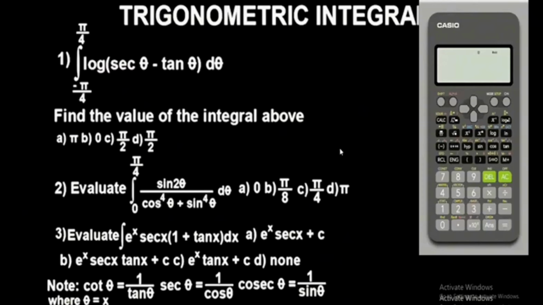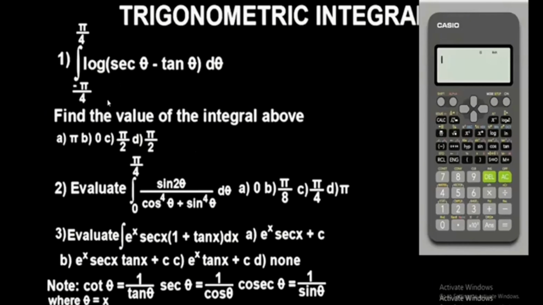By default, it used to be in degree. To put it in radian mode, which is the ideal mode for solving problems involving integration and differentiation under calculus, you press shift, mode. Radian is option 4. So it's now in radian mode. Let's begin with question 1.